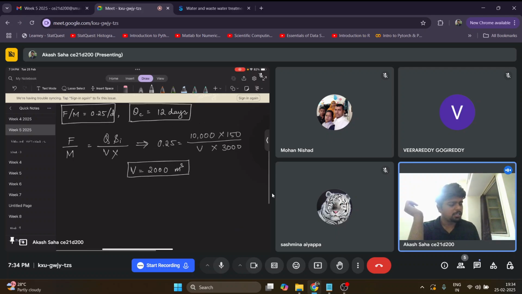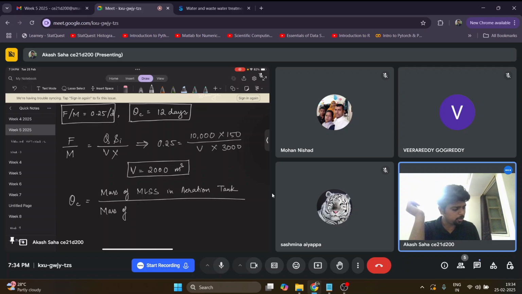Now next, what else do we know? We know theta c. So what is theta c? Theta c is defined as the mass of MLSS, or the biomass, in the aeration tank divided by the mass of solids leaving the system per day.